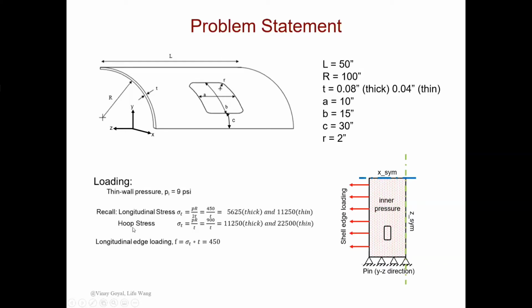And you will have a hoop stress, sigma, equal to PR over T, which is 2 times larger than the longitudinal stress.